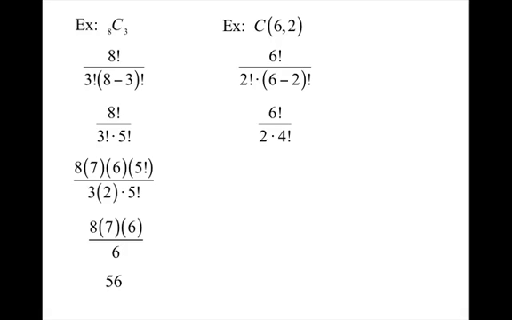Now expand the 6 until you get to a 4. So you have 6 times 5 times 4 factorial. Those 4 factorials will cancel, so I have 6 times 5 over 2, which is 15. 6 times 5 is 30, and then divided by 2 is 15.